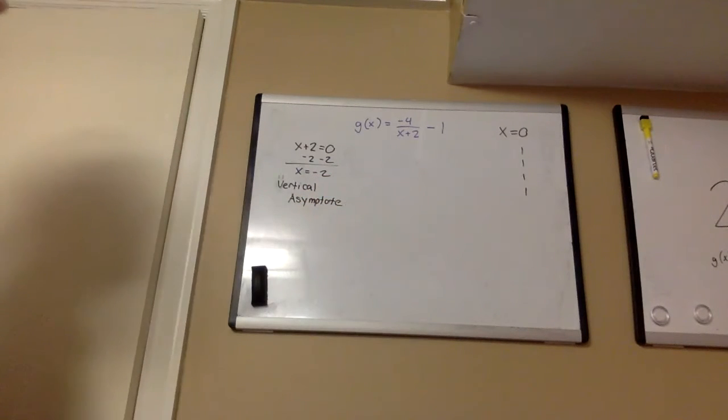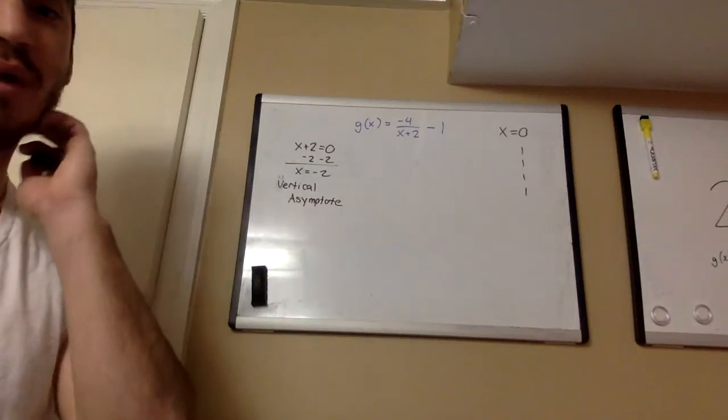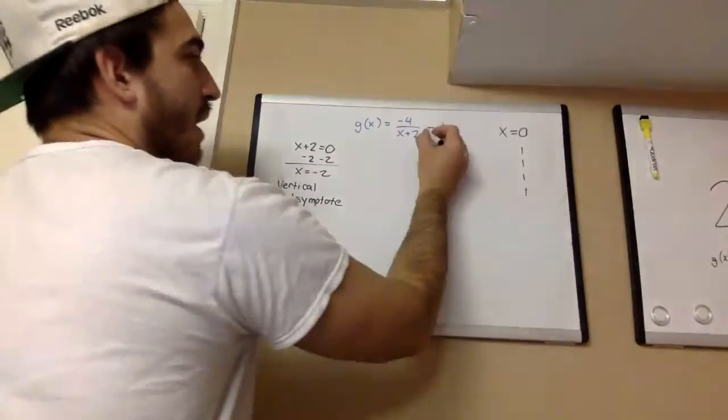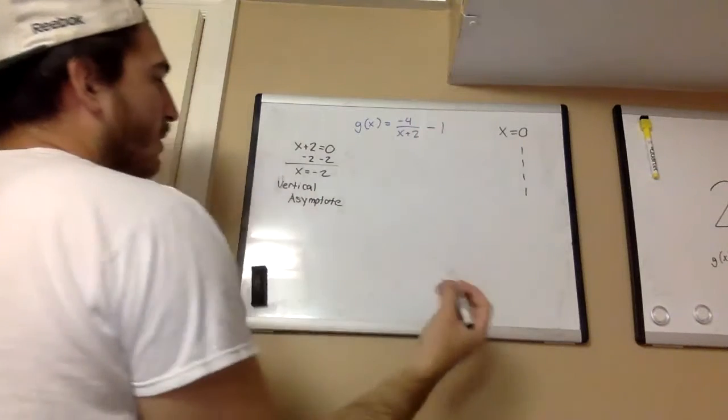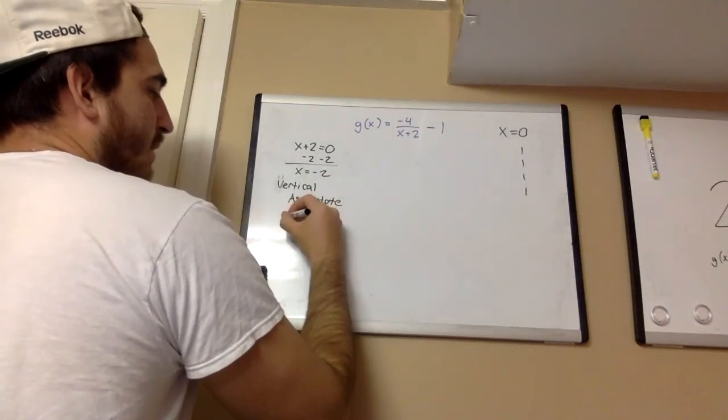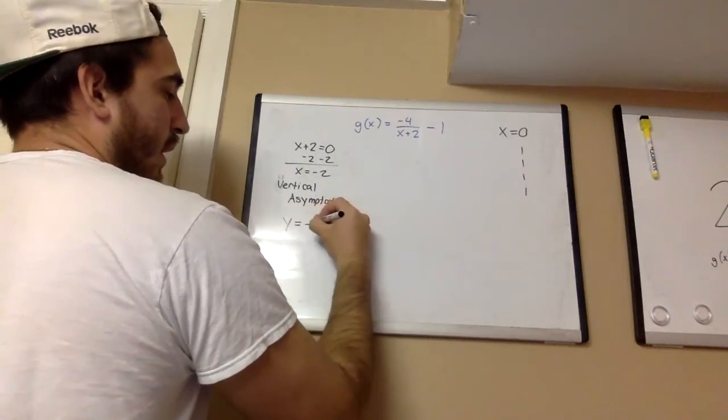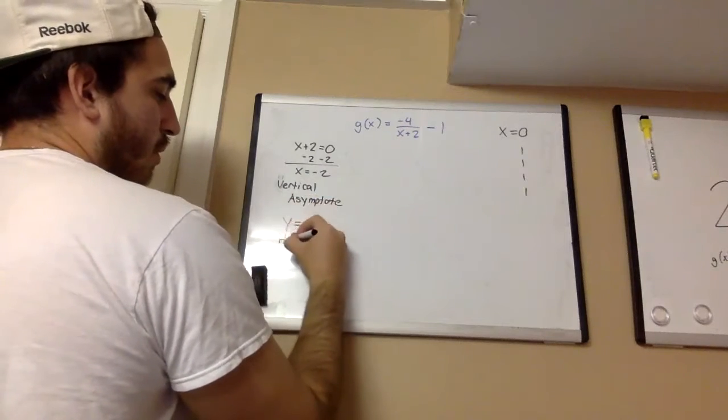Now, in order to get your horizontal asymptote, the only thing you need is to figure out what's attached at the end. It is a -1, so your horizontal asymptote is going to be y equals -1.